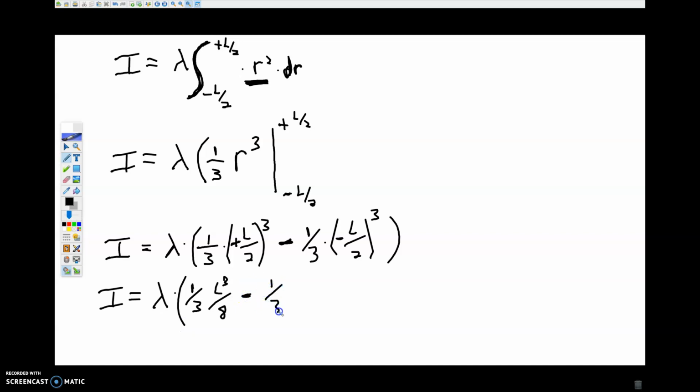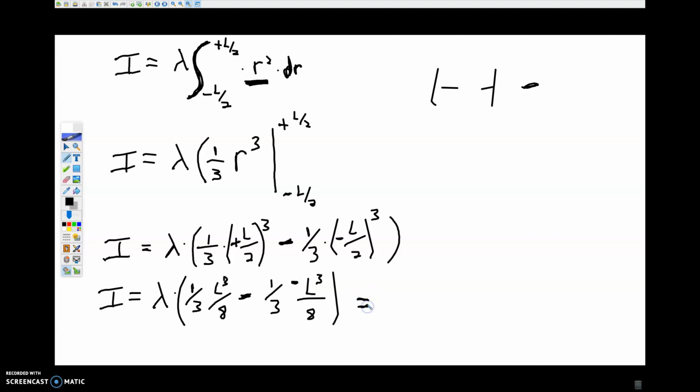Minus 1/3. Now, negative L over 2 cubed is still going to come out negative, because if you have a negative times a negative times a negative, the first two give you a positive, and then you multiply by another negative, and you get a total of a negative. So this is going to end up being negative L cubed over 8. And when you subtract that negative, it becomes like an addition problem.